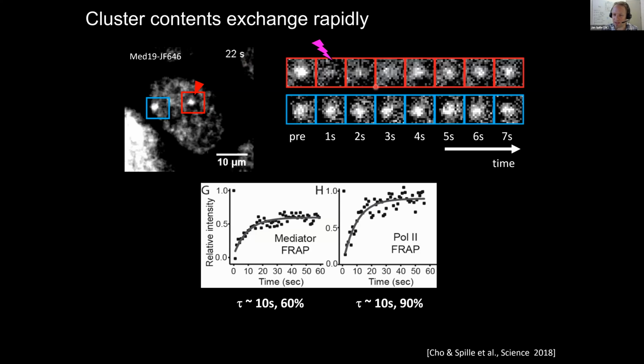So within a few seconds, the signal comes back after we bleach it. So on the one hand, these entities are stable for tens of minutes. On the other hand, the constituents turn over on the 10-second time scale. And that is true for about 60 to 90% of the protein fraction, depending on which of the proteins we look at. So again, that is something that is very consistent with this phase separation model.